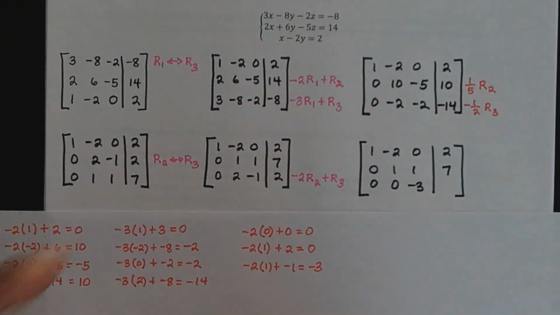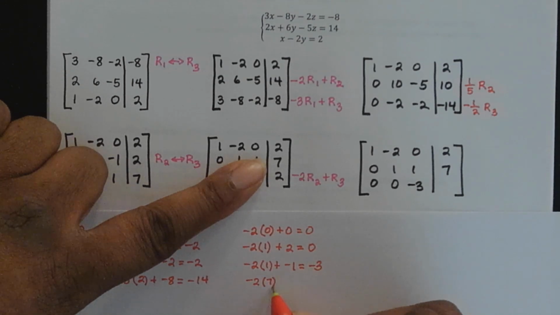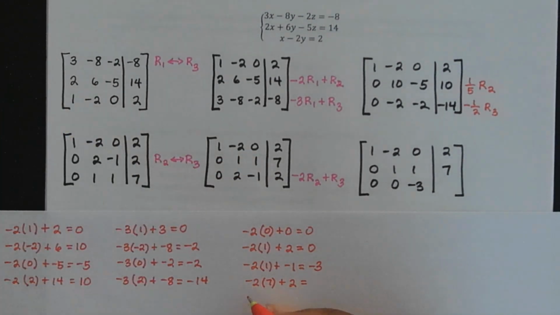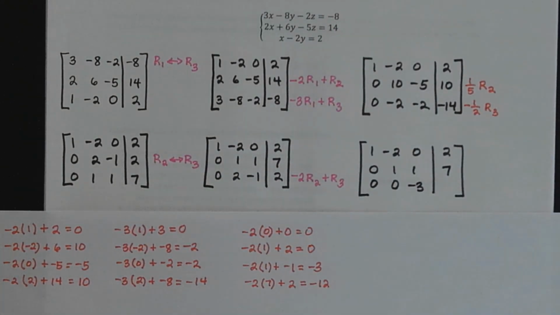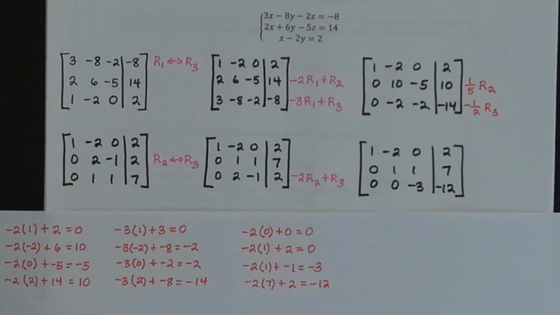And negative 2 times this constant, which is 7, plus its corresponding element, which is 2. Well, negative 2 times 7 is negative 14. Negative 14 plus 2 is negative 12. So negative 12 goes here.